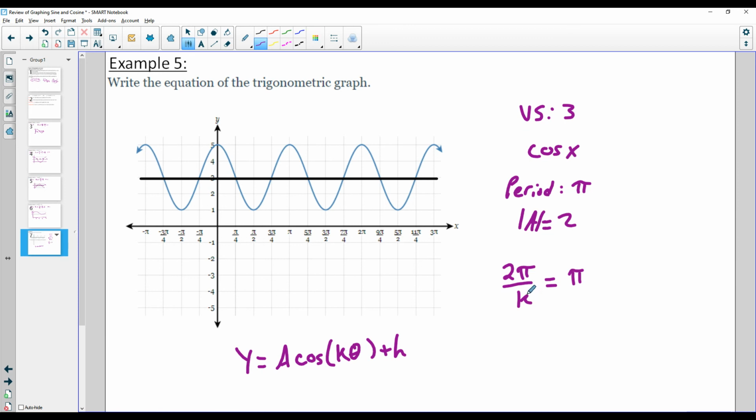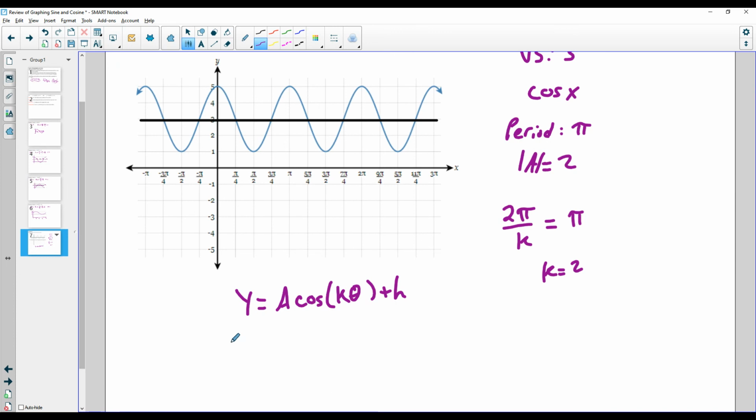So solving for k, we're going to multiply that k over and then divide by pi, and then the pi's are going to cancel. K is going to be 2, right? Or you could say 2 pi divided by what gives me pi. 2 divided by 2 is going to cancel out and give me pi. So then that's everything we need. Our amplitude, we said, was 2. We know it's cosine.